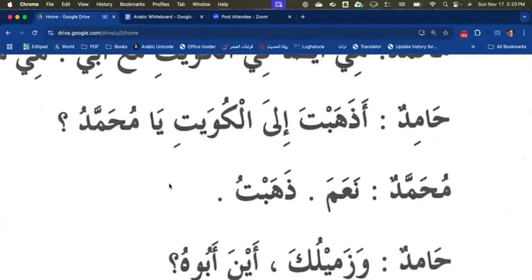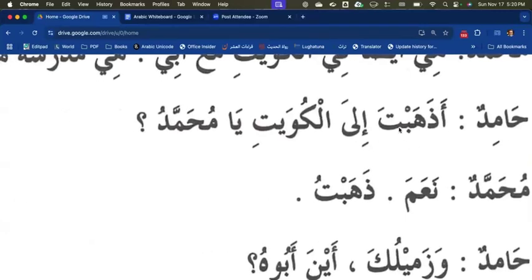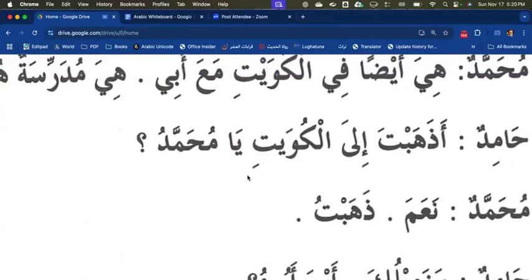All right, Tawfiq, you can read the next 3 sentences. Did you go to Kuwait, Muhammad? I didn't teach you this yet. So now we have to take another side tangent and then I'll come back to you.